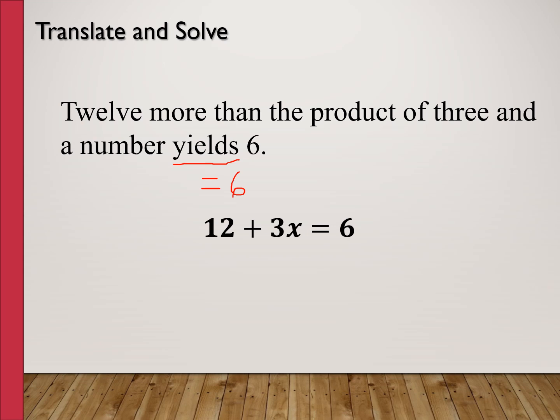The answer will be 12 more than, so plus, the product of 3 and a number. Hindi natin alam yung number, so we are going to use x, equals 6. So 12 plus 3x is equal to 6.